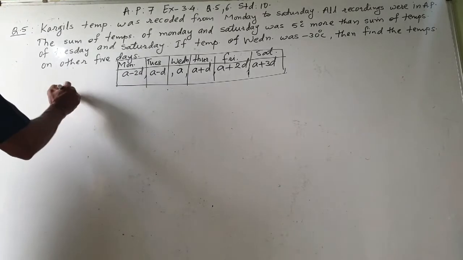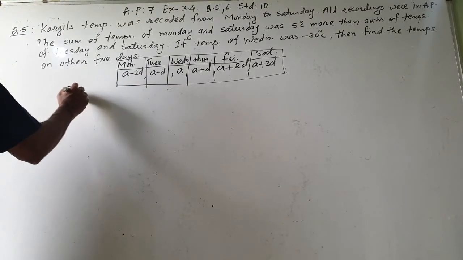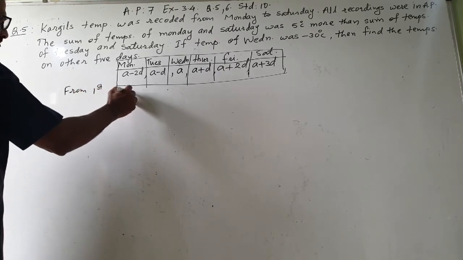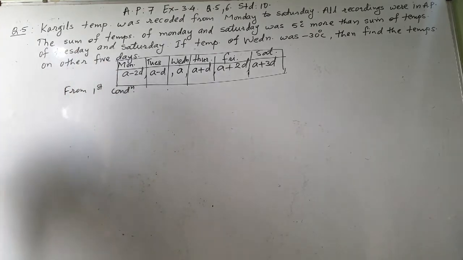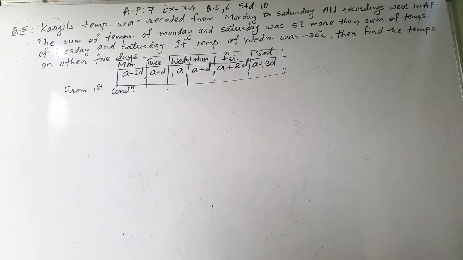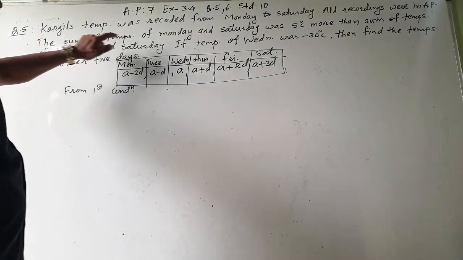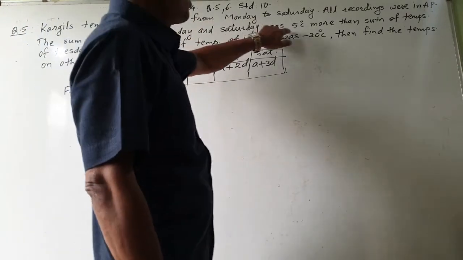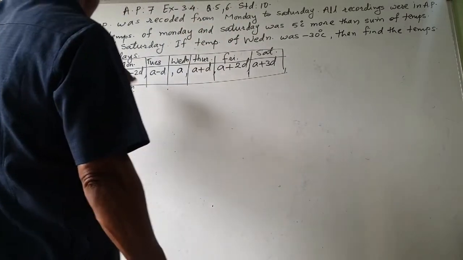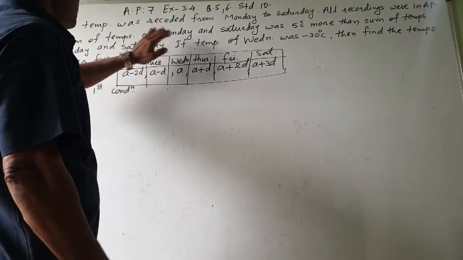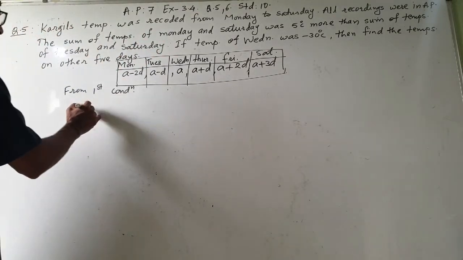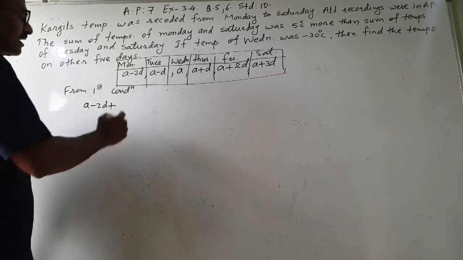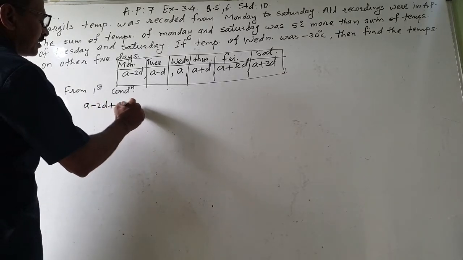Now from the first condition, what is given? What is that first condition? The sum of temperatures of Monday and Saturday was 5 more. That means Monday is A minus 2D, plus Saturday is A plus 3D.